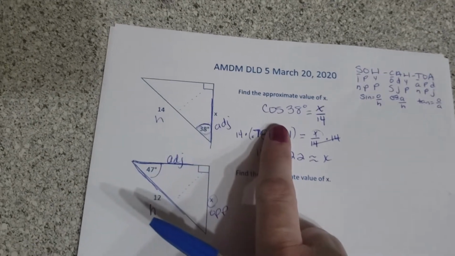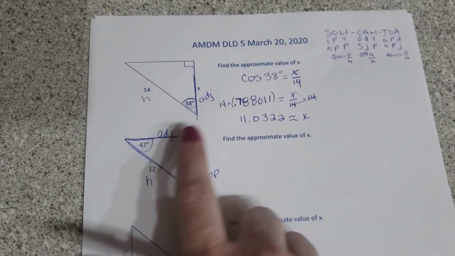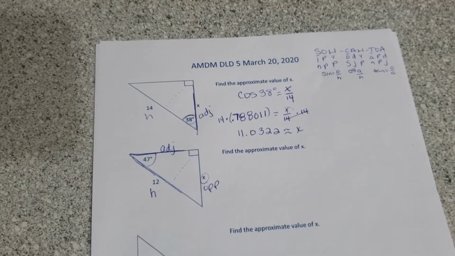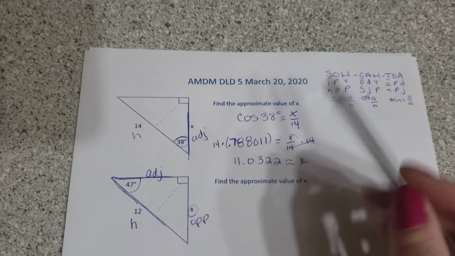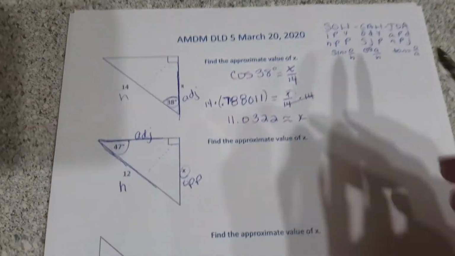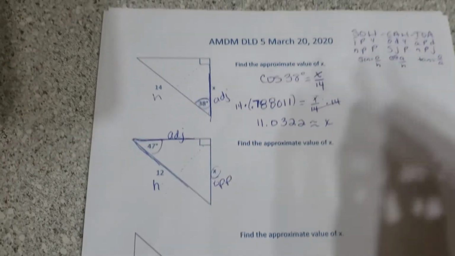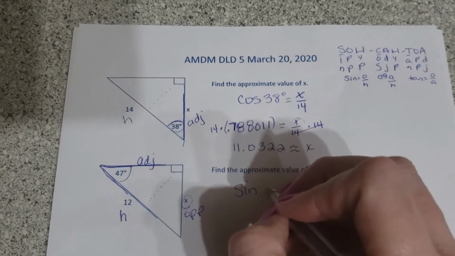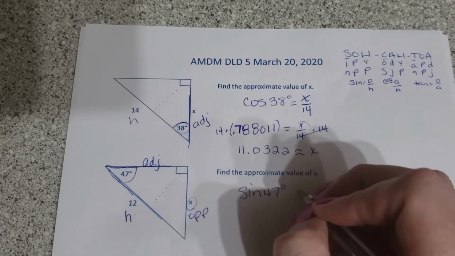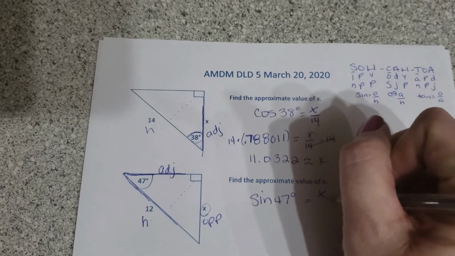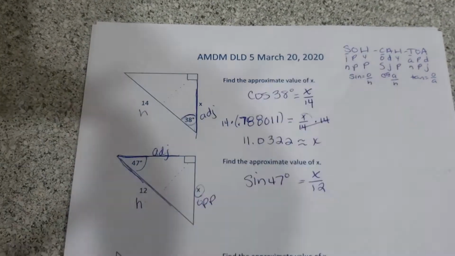So I can't use cosine again because cosine is adjacent over hypotenuse, and the adjacent side isn't really important to me. So I'm going to look for what is opposite and hypotenuse, and that is sine. So I'm going to use the sine function here. Sine 47 degrees equals opposite over hypotenuse, so x over 12.